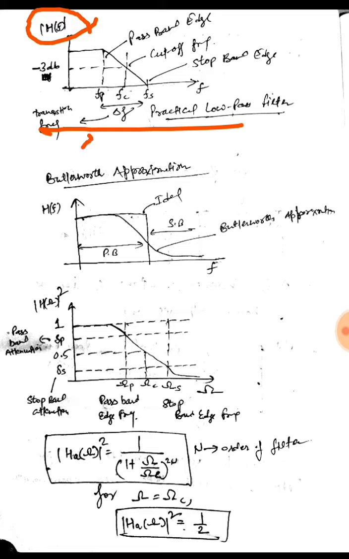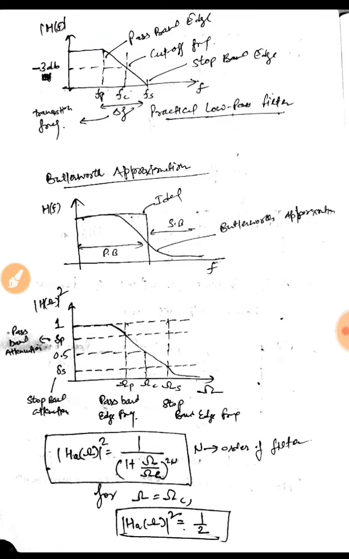Up to a frequency fp, it will pass the frequencies. Then if the frequency increases beyond that, slowly the magnitude of the transfer function becomes 0 at fs, that is the stop band edge, and fp is the pass band edge.